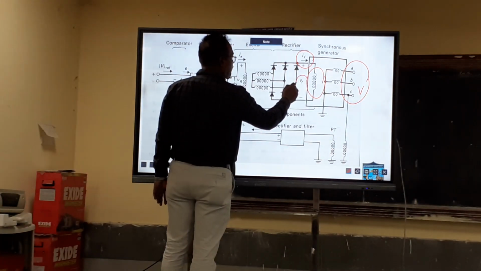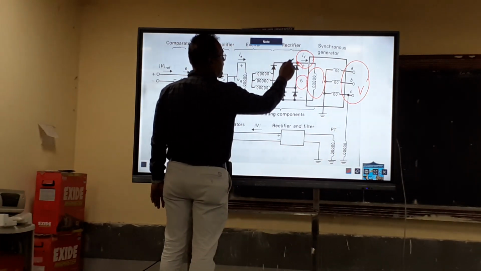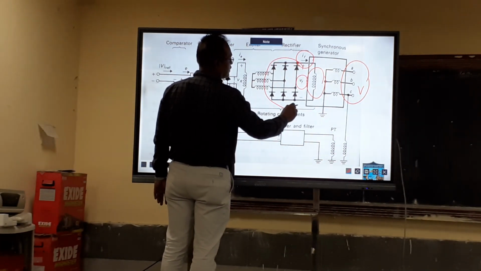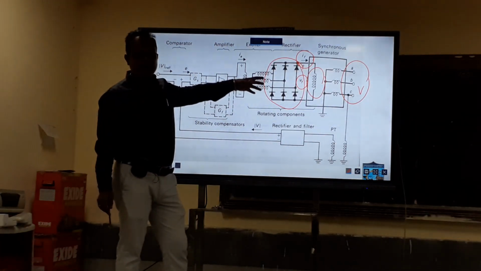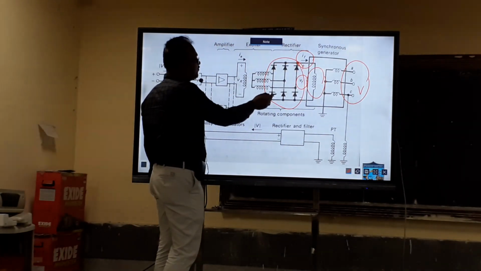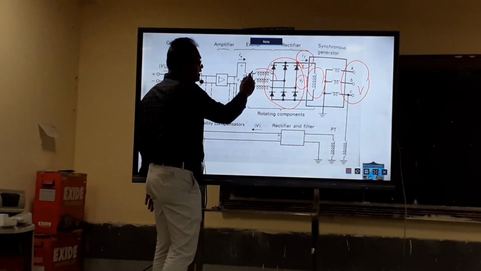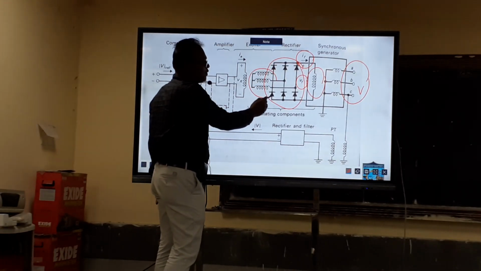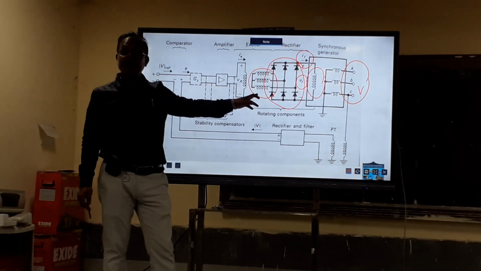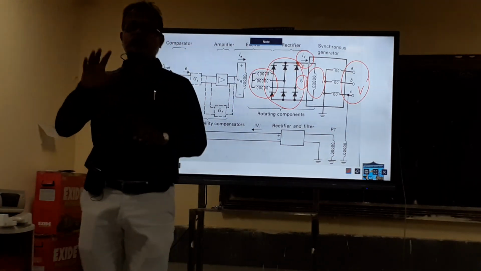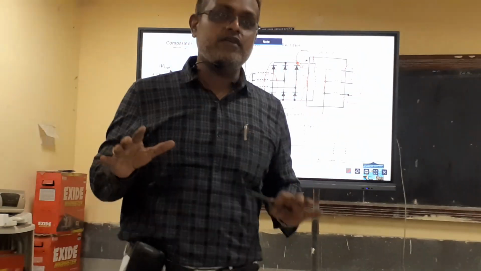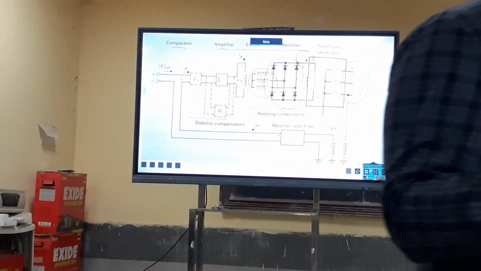So this field voltage is provided from a rectifier, which is rotating. And this rectifier is fed from another AC machine where the armature is rotating. In general, in big size alternators, the armature is stationary.